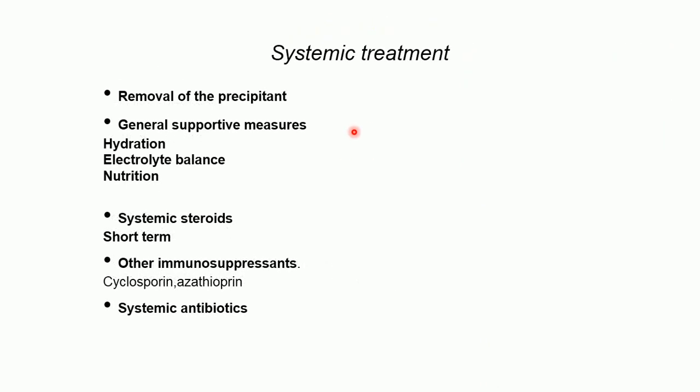Now the systemic treatment. First of all, removal of the precipitant, such as discontinuation of the drugs. Treatment of the suspected infection. The general measures are maintenance of hydration, electrolyte balance, nutrition, protein replacement, and a specialist burns unit will reduce the chance of infection. Systemic steroids are controversial.